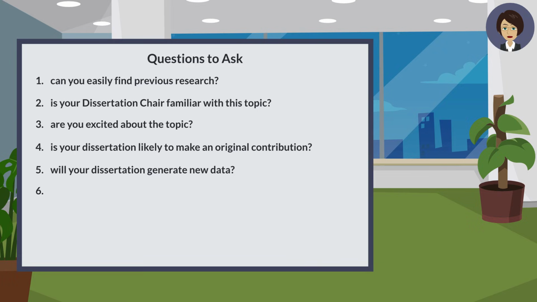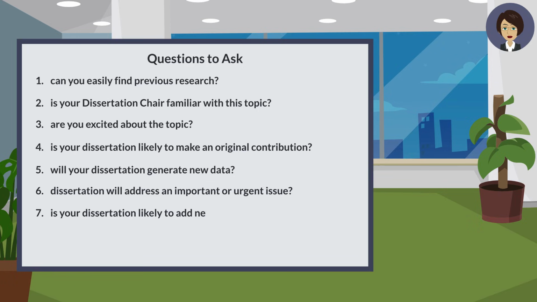6. Based on your research, is there significant and scholarly evidence that your dissertation will address an important or urgent issue in your field? 7. Is your dissertation likely to add new information or contradict previously published academic research on the topic? And 8. Can you apply the scientific method of inquiry to address the research problem generated by the topic?